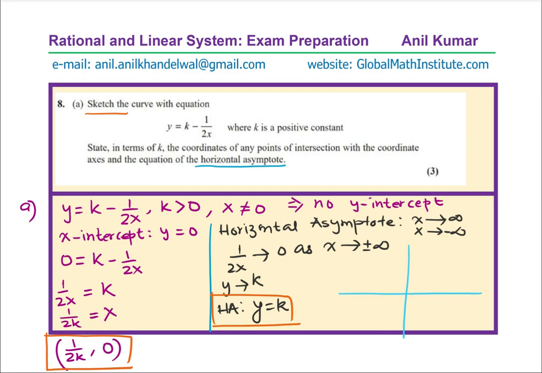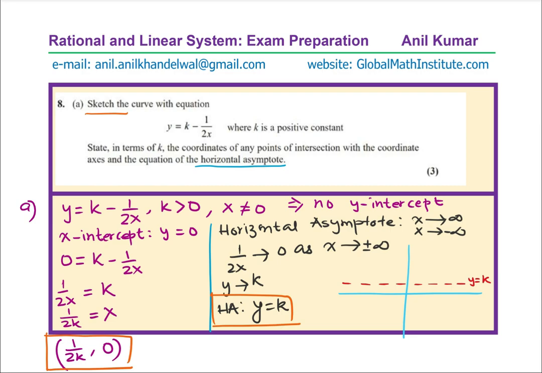If k is positive, we have a horizontal asymptote, which is y equals k. Now, since it is k minus 1 over 2x, if I take a positive value of x, then the graph will be below k, and for a negative value of x, it is going to be above.